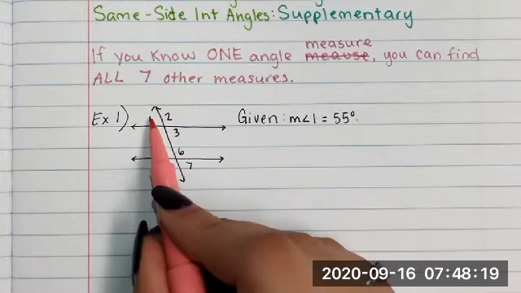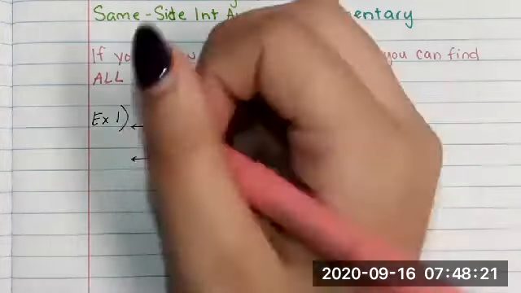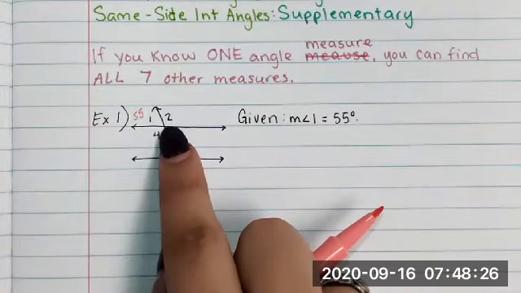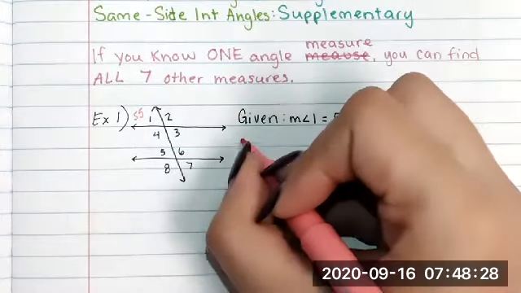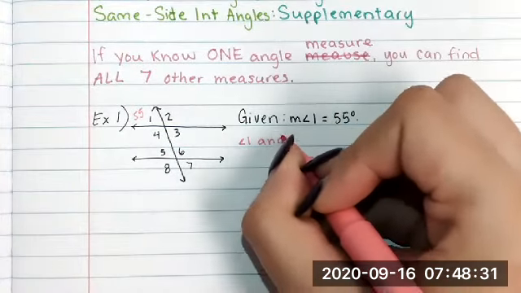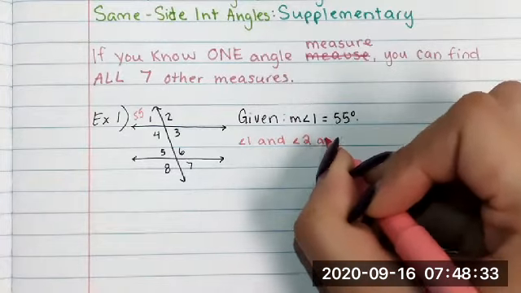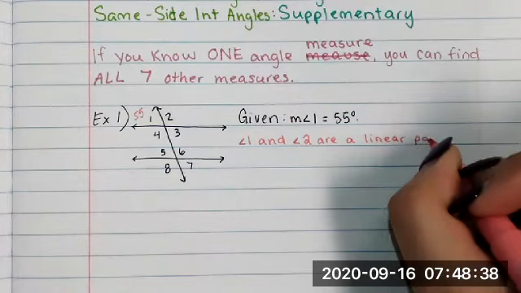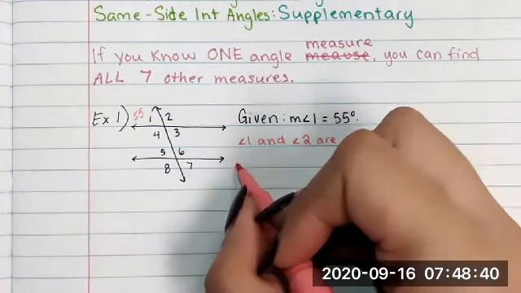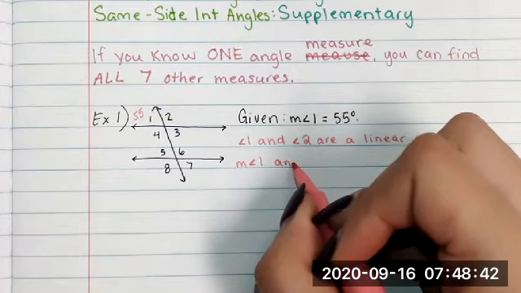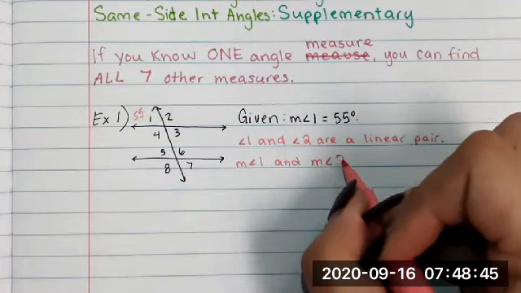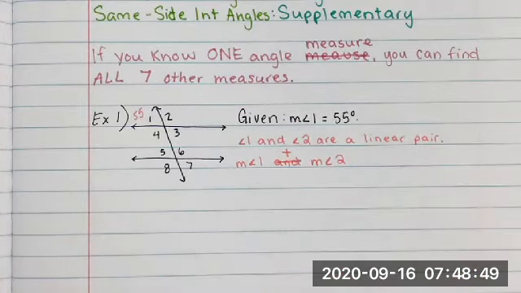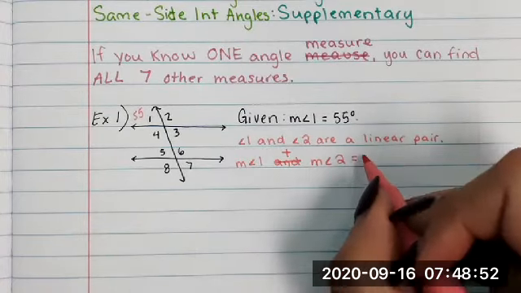So angle 1, which is 55, and angle 2 form a linear pair. That means that the measure of angle 1 plus the measure of angle 2 will equal 180.